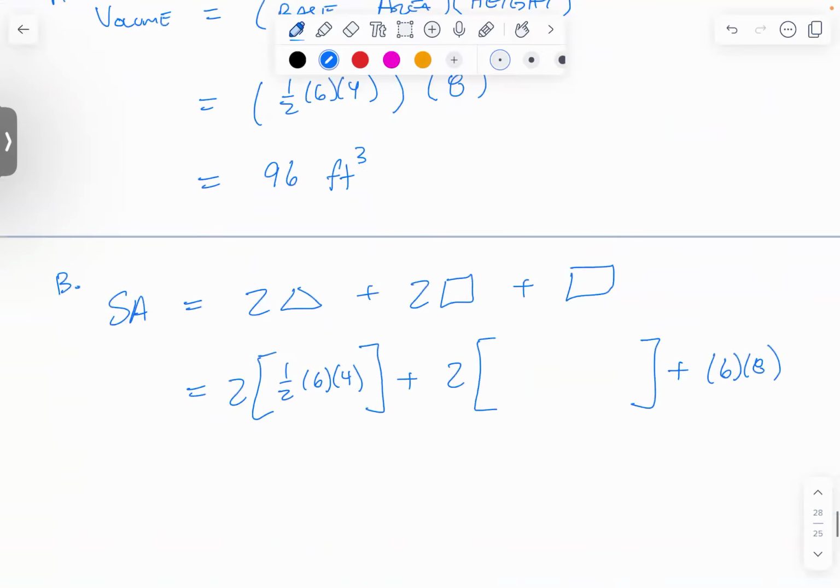Now let's go back to our triangles. This side H, which is 4 feet, bisected. That means it cut this into 3 feet and 3 feet. It created right triangles.